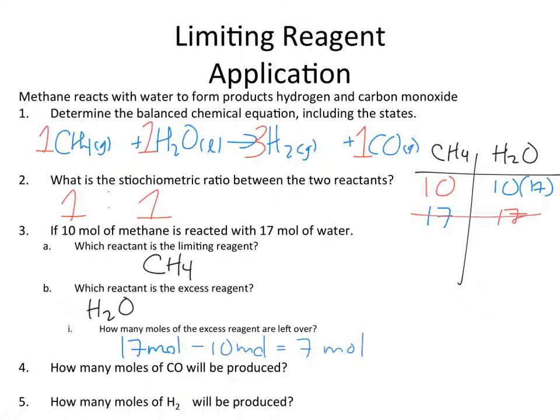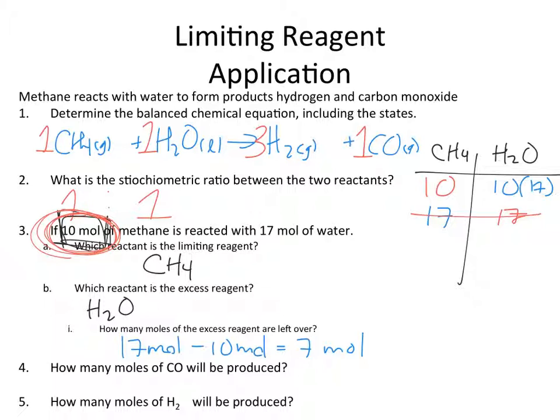Now, when it comes to seeing how much product will be made, the same ratio applies. In this case, we have to look at our limiting reagent. Our limiting reagent, and the value of the limiting reagent, this 10 moles of methane, is the golden number. Okay? Everything is calculated off of this number. How much product is made, how much of the other reactant is used, everything revolves around this number because it is the limiting reagent.